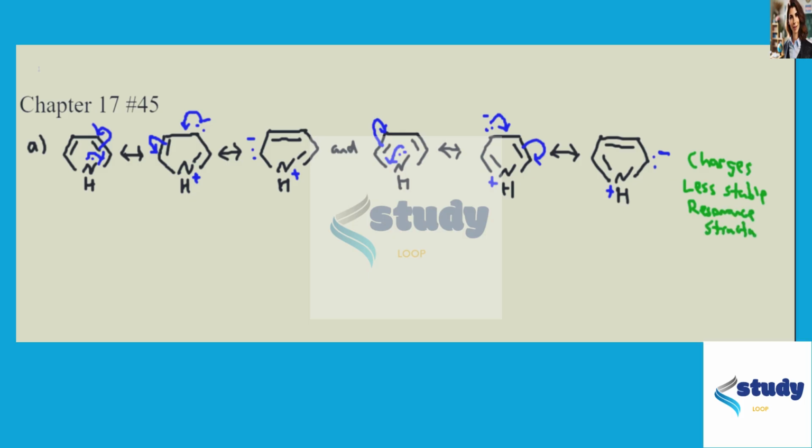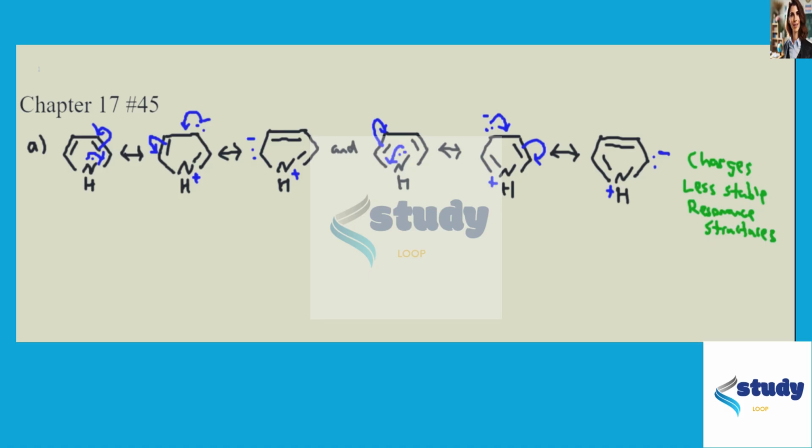So benzene, with its resonance structures, there aren't charges. There's no charge separated form. We just move double bonds around, and all the atoms stay uncharged. And so that's considered better. It's considered more stable.